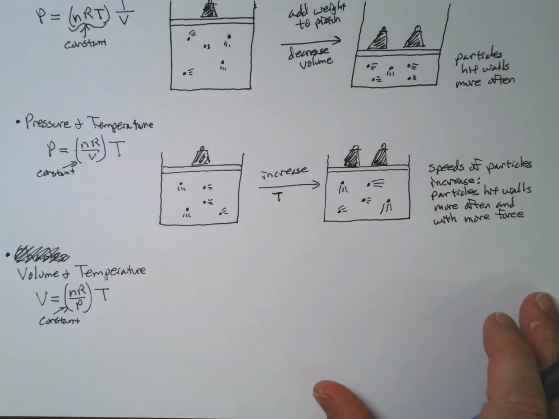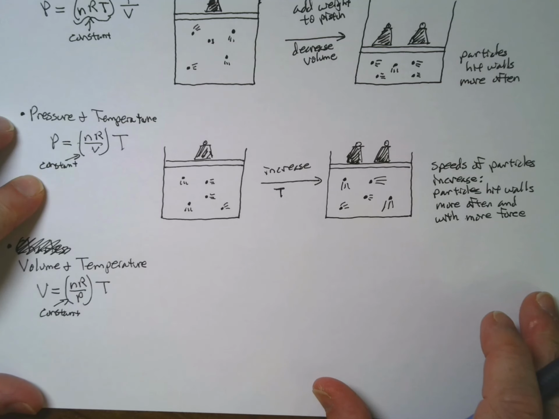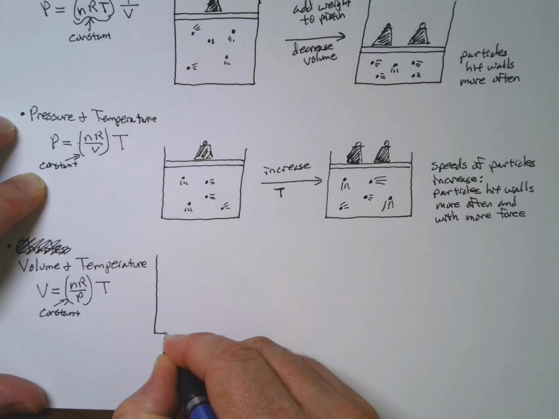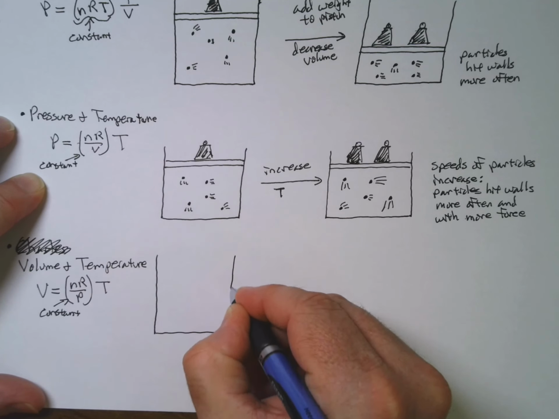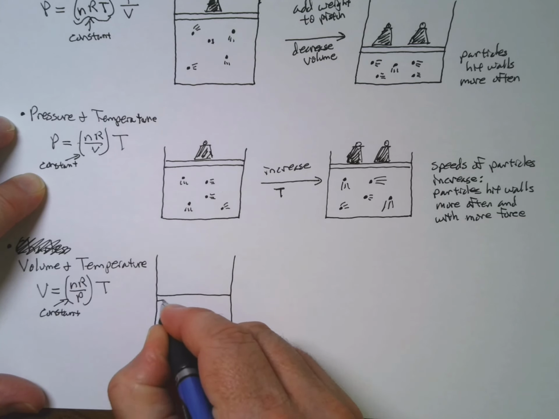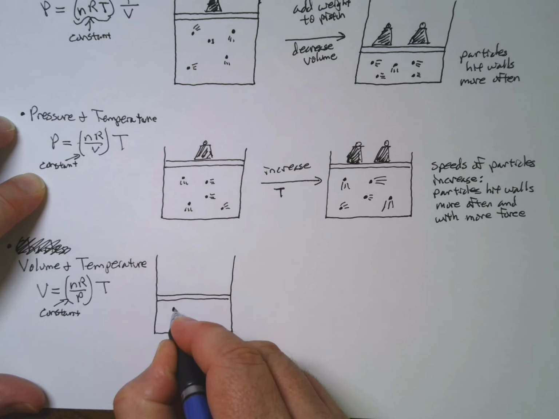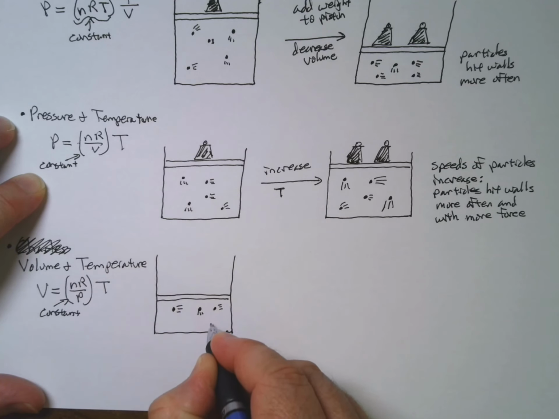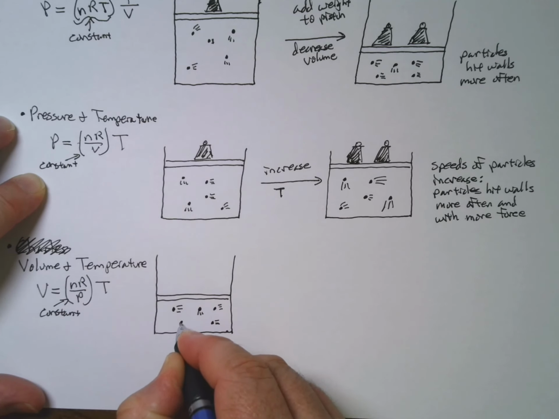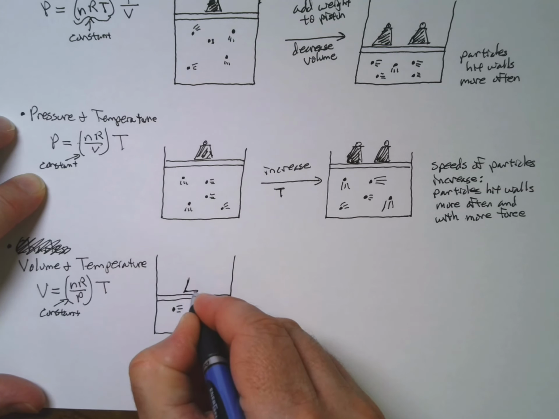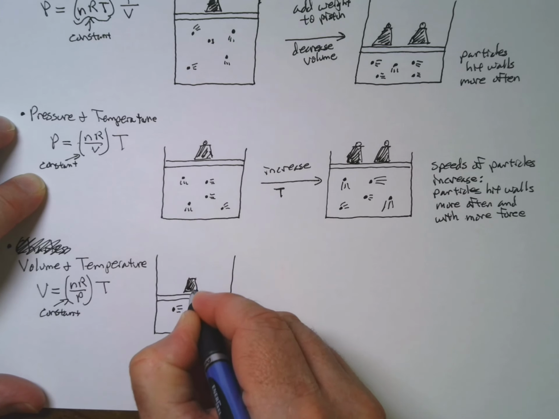And so we'll go ahead and take a piston here in our cylinder, and we'll have our gas particles, and we have some weight here keeping our piston in place.